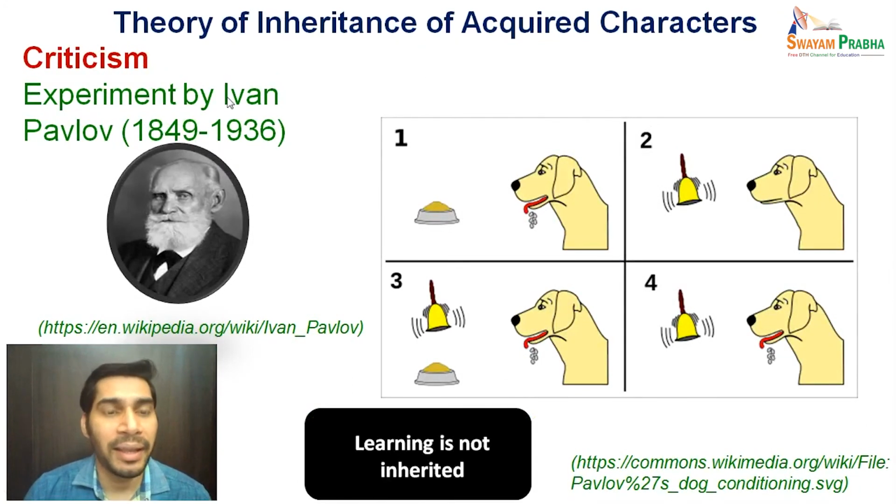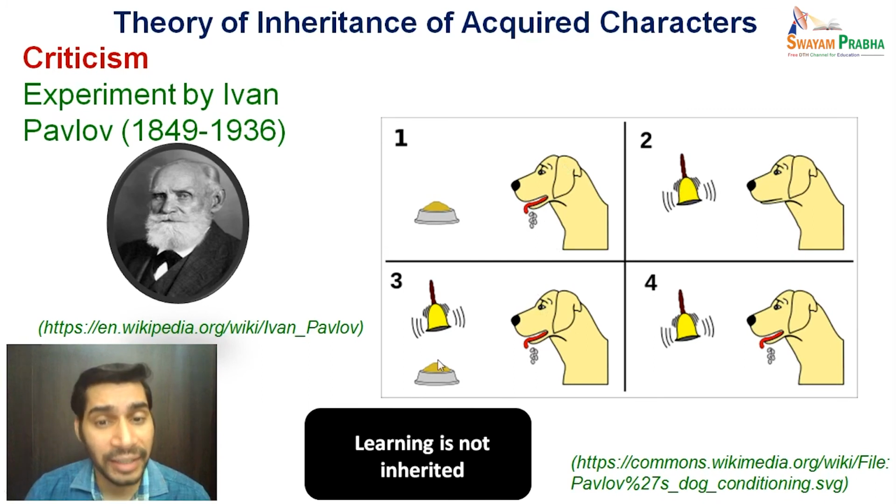There is another criticism by Ivan Pavlov. You must have read about Ivan Pavlov with reference to classical conditioning and his famous experiment with dogs. What he did was, he kept the food in front of the dog and the dog started salivation, that is, secretion of saliva. In another set, he rang the bell, but there was no response from the dog.